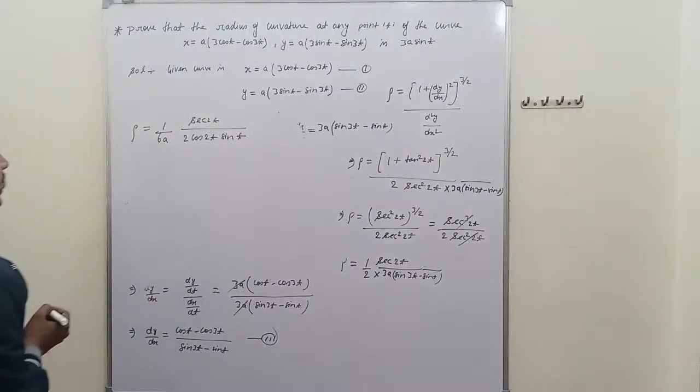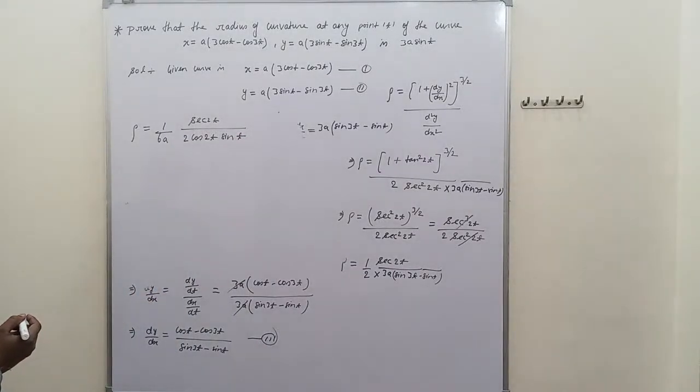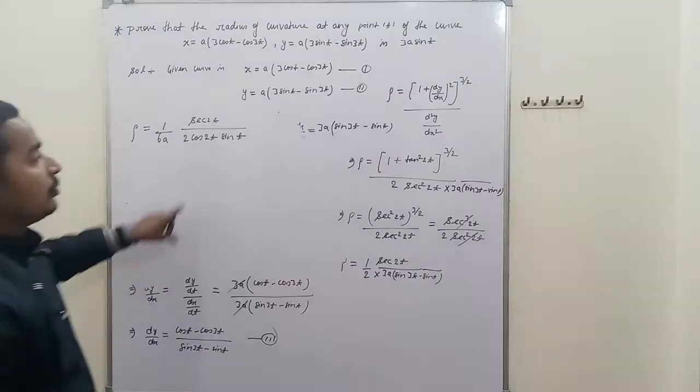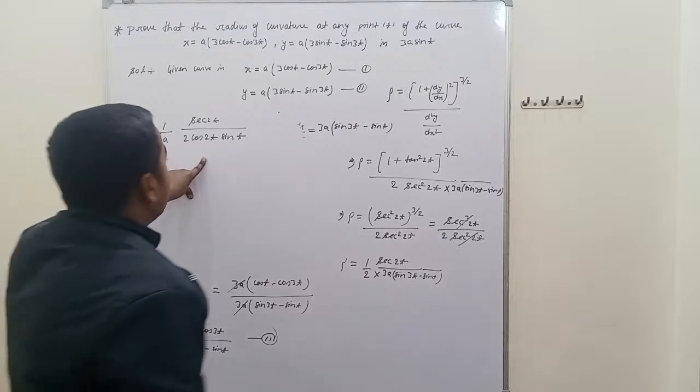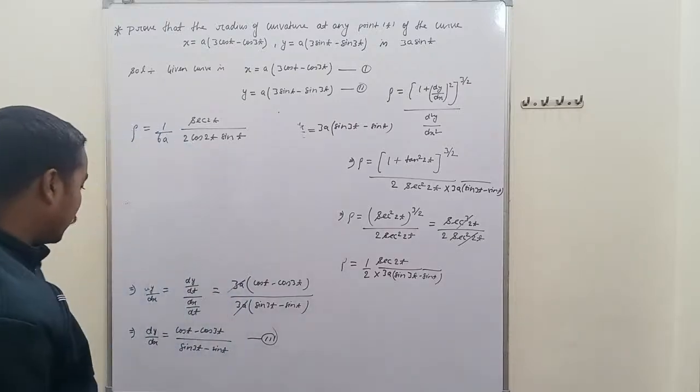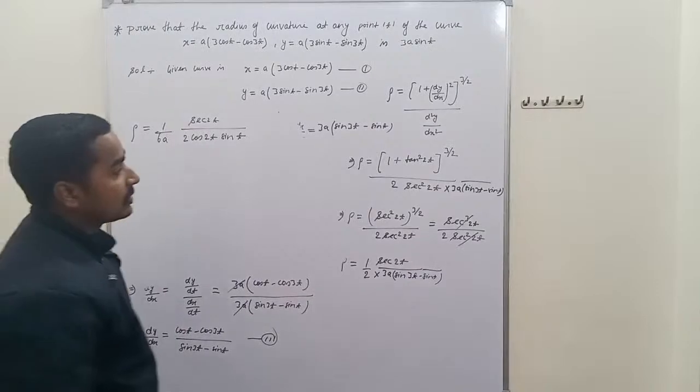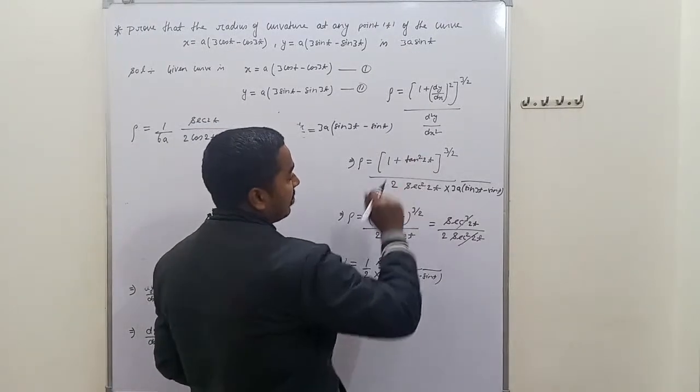And from here we can also write, once again, 3a sin t, sin c minus sin d. We have to put here once again dy by dx is given by tan 2t, and this is given by 1 plus tan square 2t.